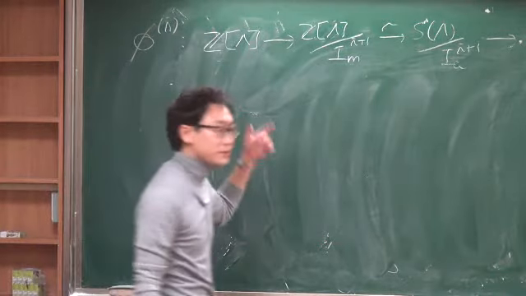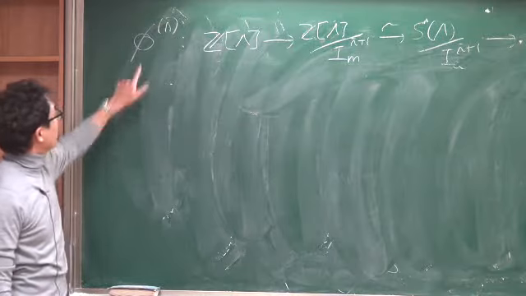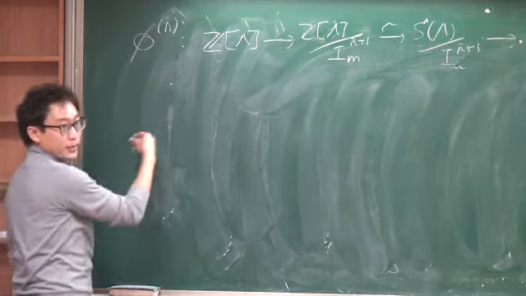Using generating functions, one can find the explicit expression of this map.